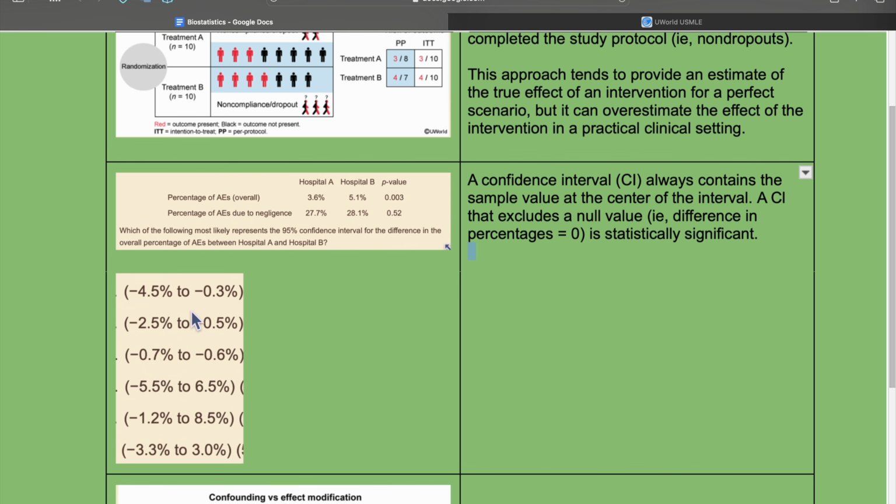We want the difference to be in the middle for it to be a mean, right? For the confidence interval, because a 95% confidence interval is over a Gaussian curve, and the Gaussian curve has the mean in the middle, mode in the middle, and median in the middle as well, right?